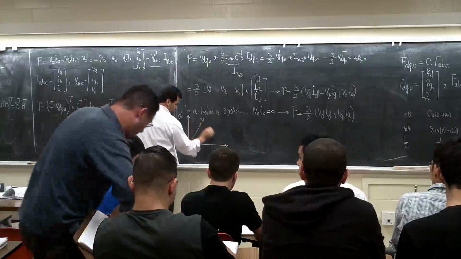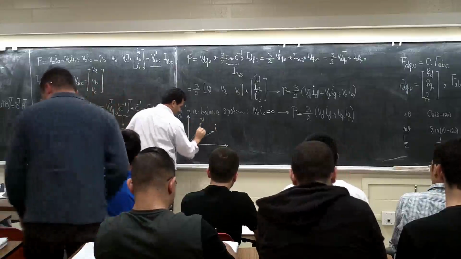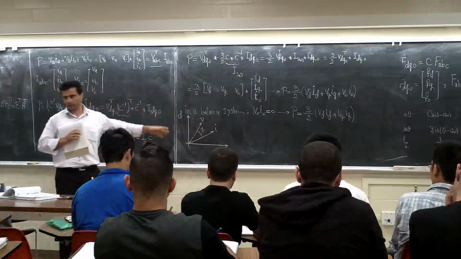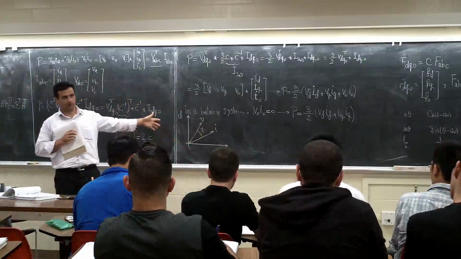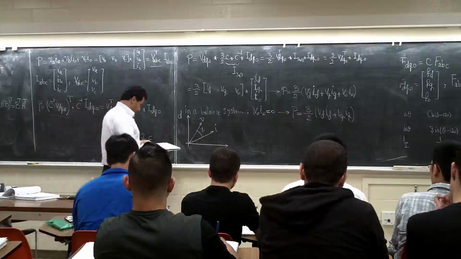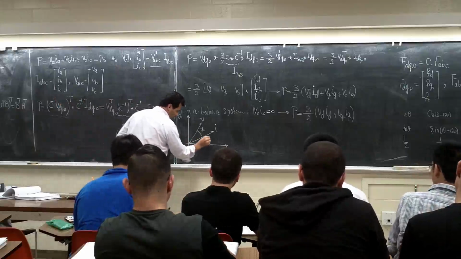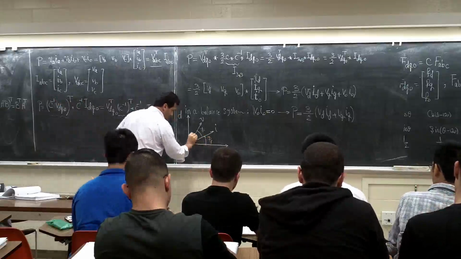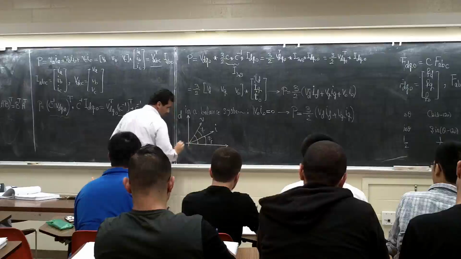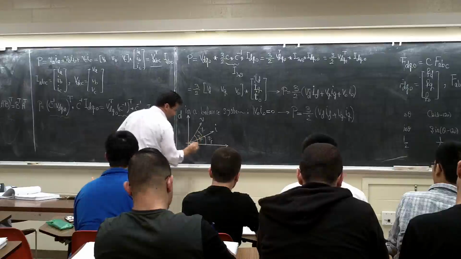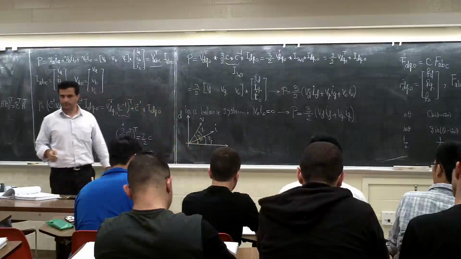So if this is V in general, and this is I, this is the power factor, right? Cosine of phi is the power factor. Let's call this one phi i, the phase of current, and this one phi v, the phase of voltage, right?